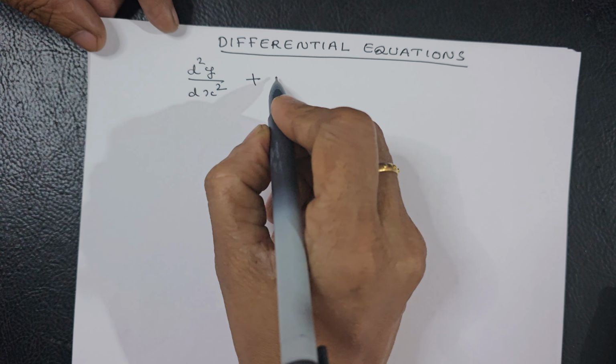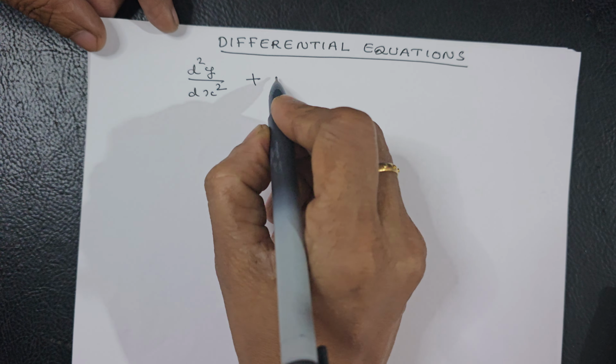Or we can write this as dy by g of y is equal to f of x dx: the function of x along with dx and the function of y along with dy. Then this is called variable separable form, with the y variable on the left side and the x variable along with dx on the right side.